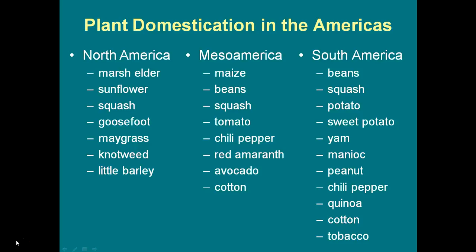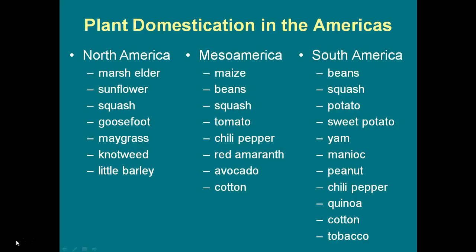Many different varieties of plants were domesticated here in the Americas. The most important ones perhaps are corn and potatoes. But there are also many other plants that you recognize, like beans, squash, sweet potatoes, peanuts, chili peppers, cotton, tobacco. But there's also ones that you don't recognize perhaps, like marsh elder, maygrass, knotweed.